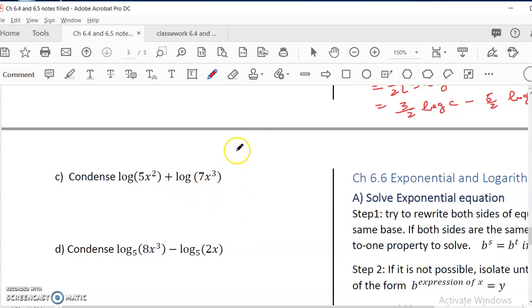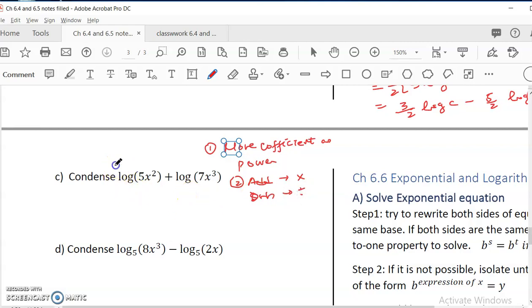Move the coefficient as a power. It's kind of like the reverse. Coefficient as power first. And then you can combine the add and subtract. Add becomes multiply, and subtract becomes divide.